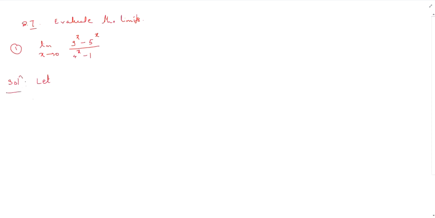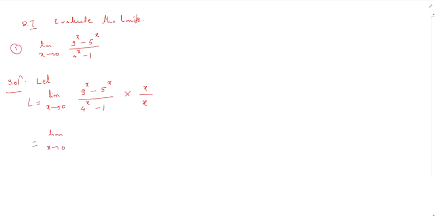Let L be equal to limit x tends to 0, (9^x - 5^x)/(4^x - 1). Now the given limit is not in standard form, so what we have to do? First we have to multiply and divide the function by x.